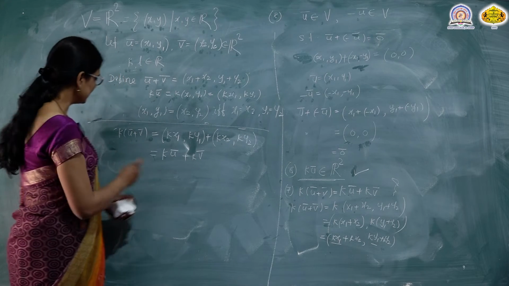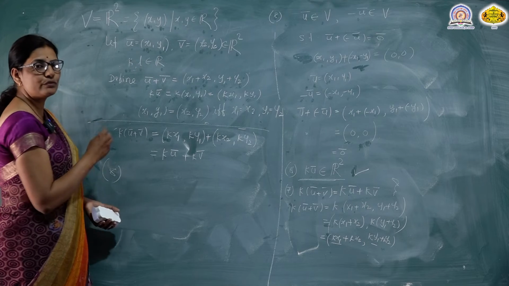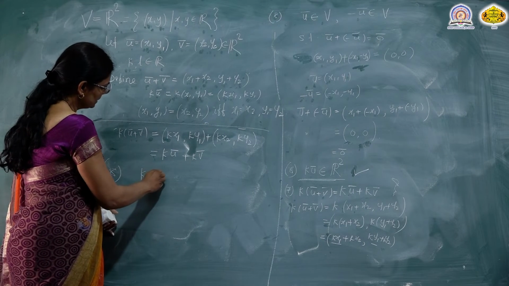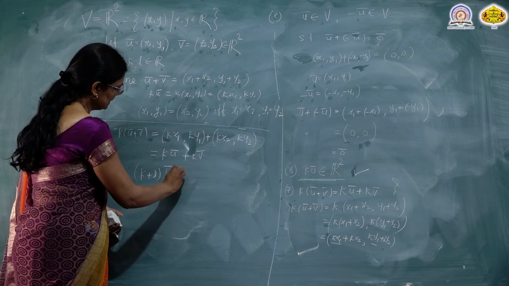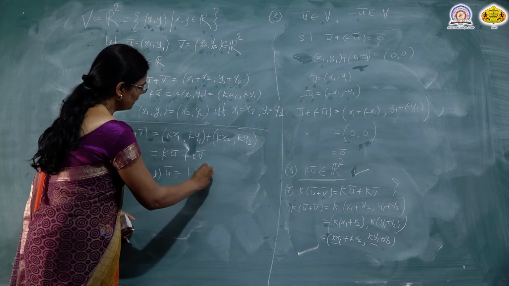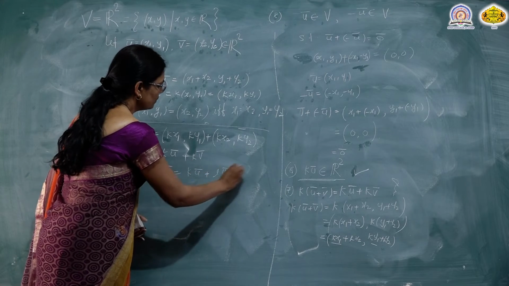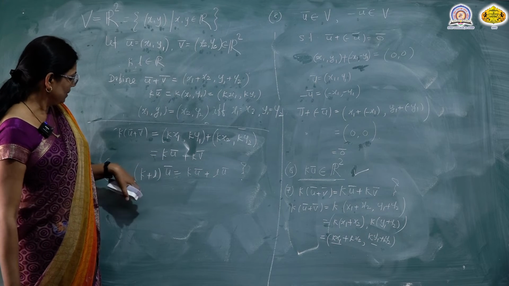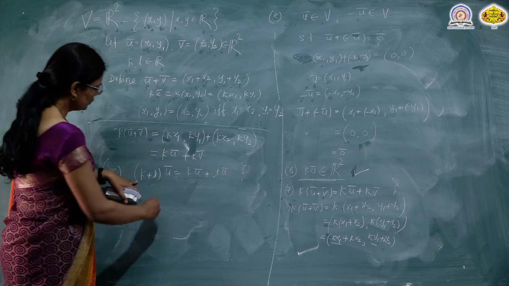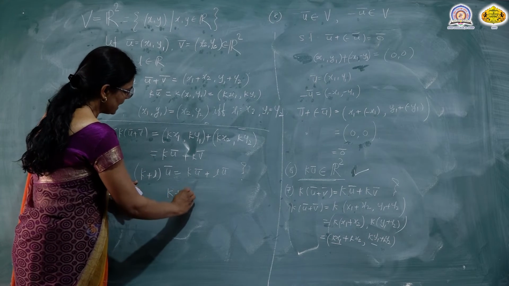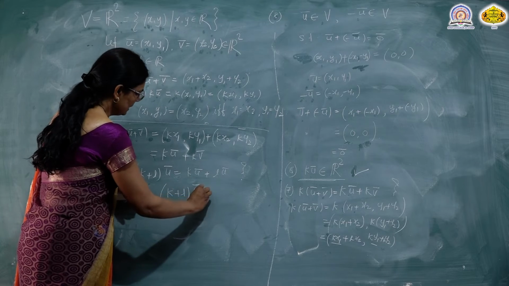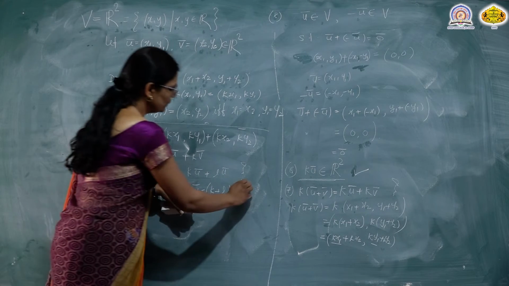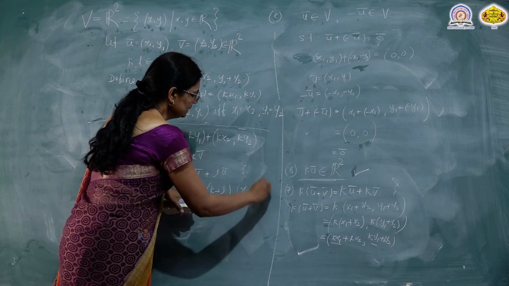Now our next, that is the eighth property. We want to prove that (k plus l) times u bar is equal to k u bar plus l u bar. Starting with this one, we consider (k plus l) times u bar, keeping k plus l as it is, and putting in the value of u bar, which is (x1, y1).